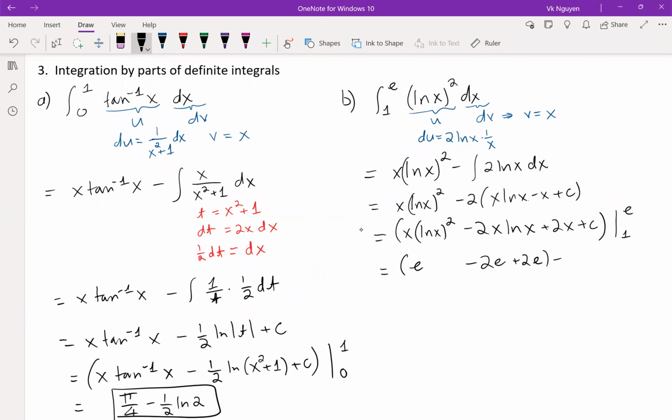Now do the substitution for 1. ln 1 is 0. We get 0 minus 0 plus 2. So in the end, we have e minus 2. Wow. Pretty cool, huh?